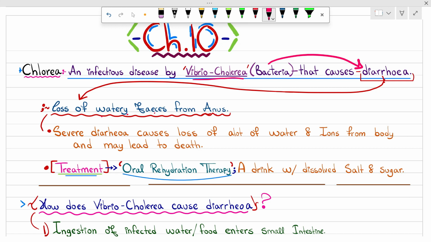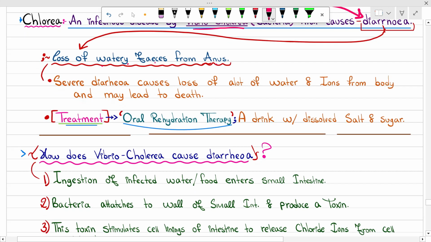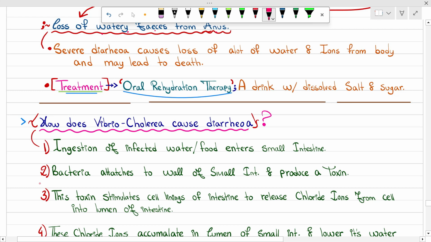So cholera is just diarrhea caused by a specific bacterium known as Vibrio cholerae. Severe diarrhea can cause a lot of water and ions to be lost from the body, and this may lead to death. The treatment for cholera is oral rehydration therapy, which is a drink with dissolved salt and sugar.